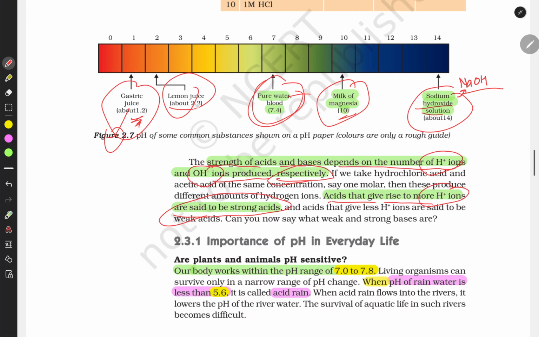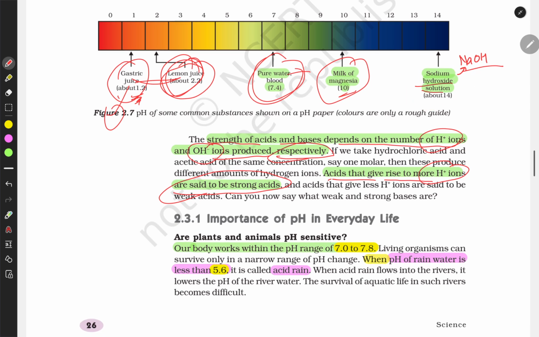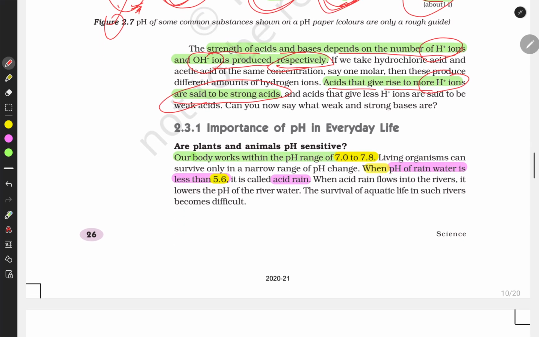When lemon juice and gastric juice are compared, the gastric juice will produce more H+ ions in comparison to the lemon juice. Similarly, when we compare milk of magnesia and sodium hydroxide, sodium hydroxide will produce more OH ions than milk of magnesia.